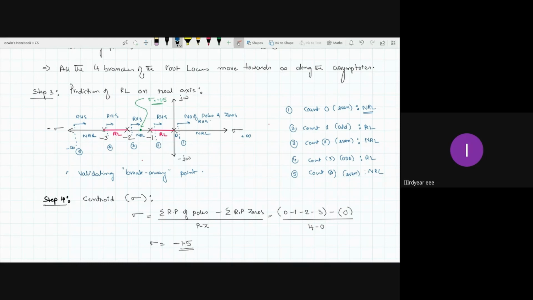Let's use a popping color. So what's the first breakaway point? Minus 1.5. Where is minus 1.5? It is somewhere here itself.